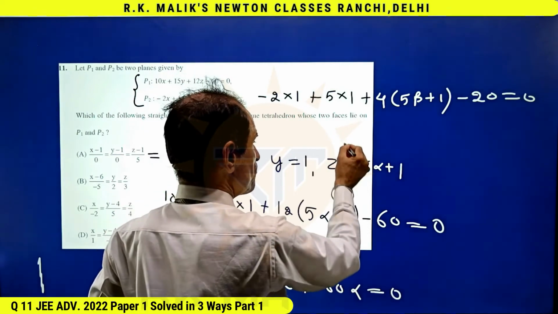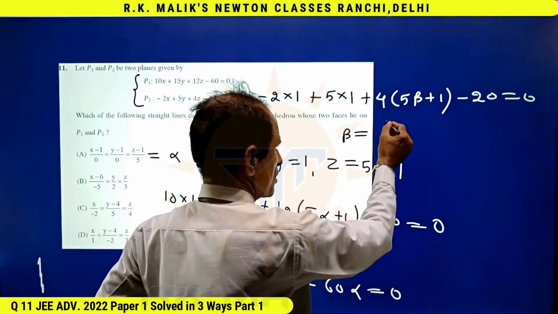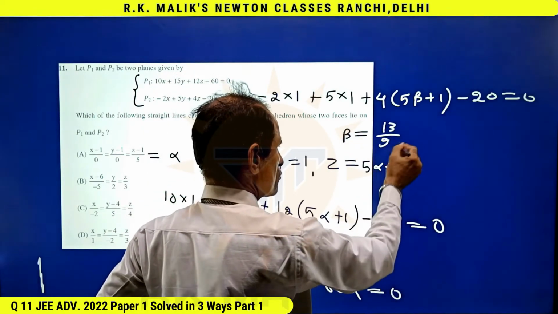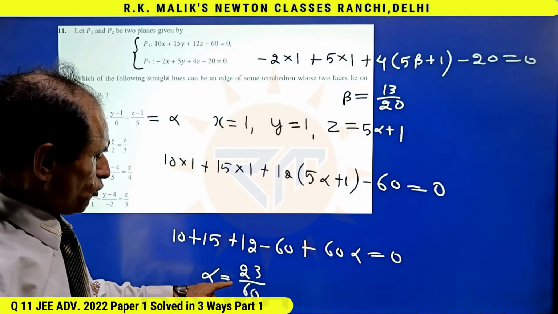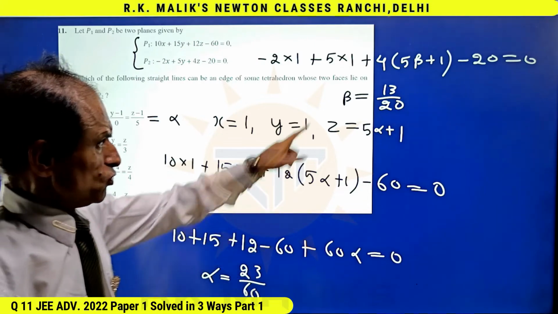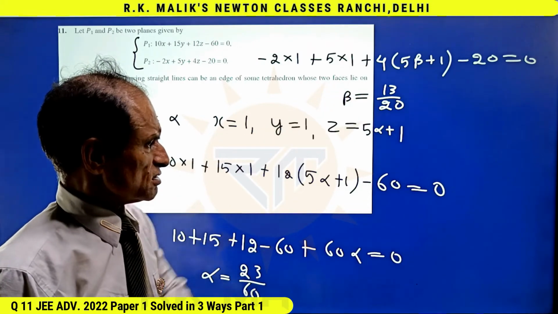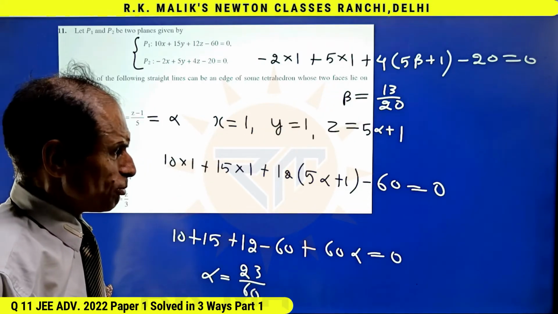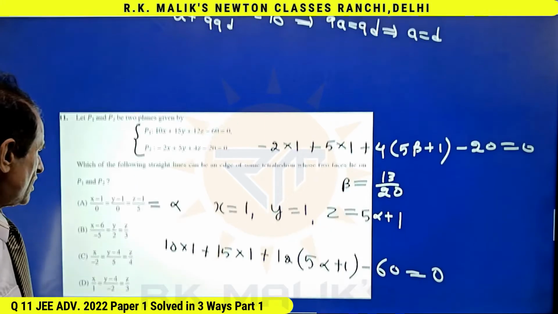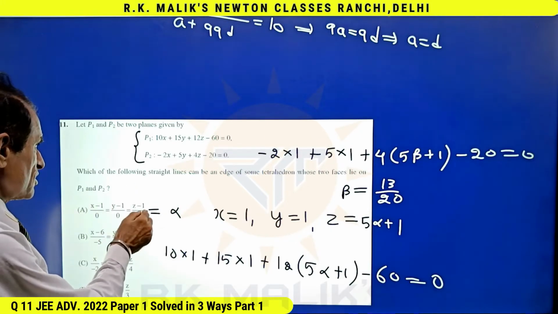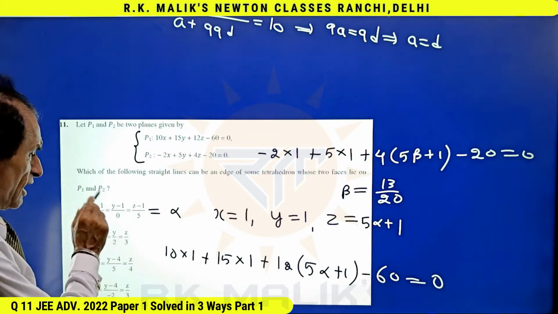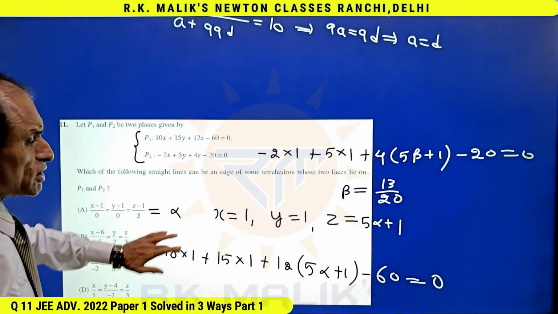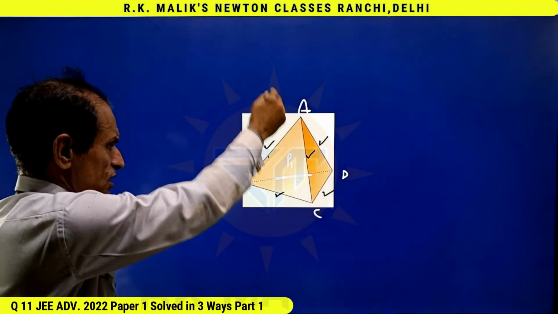That is, I will get the value of beta as 13 by 20. Clearly, putting back the value of alpha as this or beta as this, the points I will be getting will be different. Hence, I can say this line can become the edge of the tetrahedron and that edge will be of the type AC.